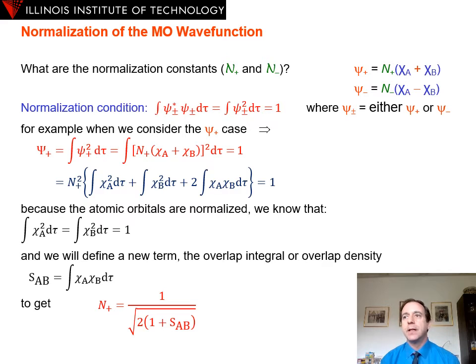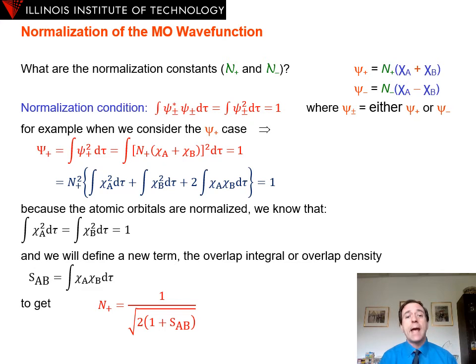And in this case, our psi's are made up of 1s orbitals, the 1s orbital on nucleus A and the 1s orbital on nucleus B. So they're on the two different nuclei, which is going to matter, right? We're going to get up to this in a second. They're not on the same atom. They're on two different atoms.